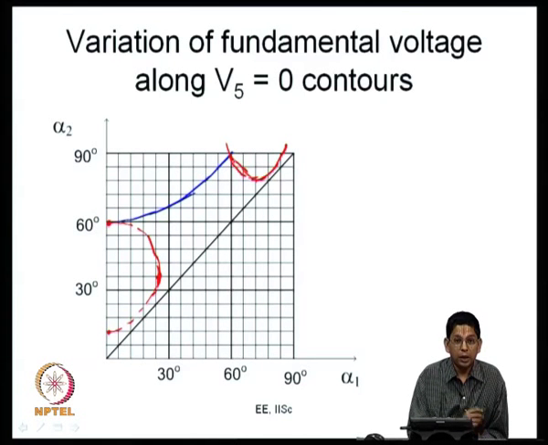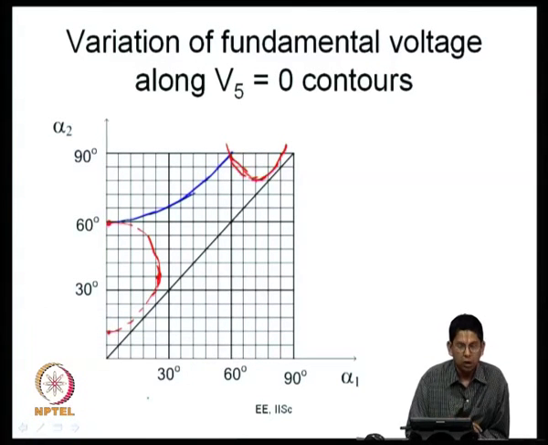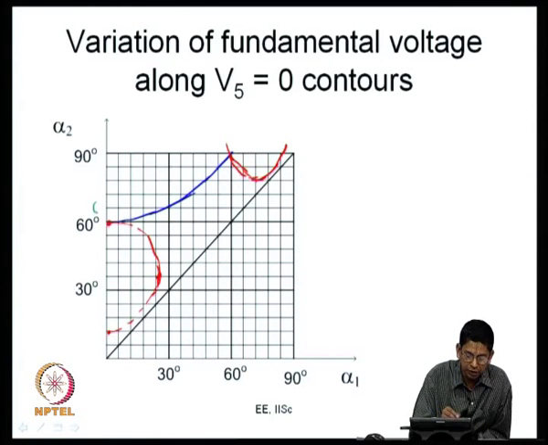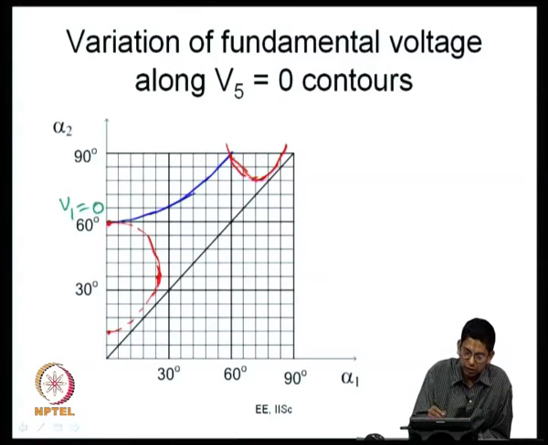So, we looked at this question about the solution for the fifth harmonic. Before that, let us start looking at the fundamental voltage. How does the fundamental voltage vary along this now? Let me choose a different ink color. What is the fundamental voltage here? This fundamental voltage is 0. V 1 is equal to 0 along this line. Is that right? It is also 0 here.